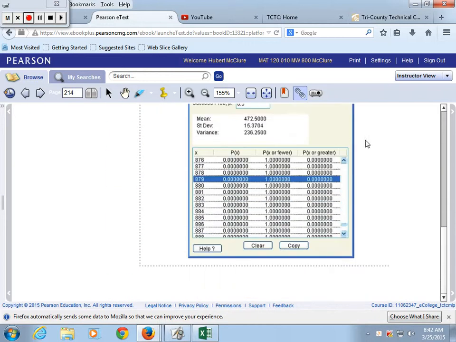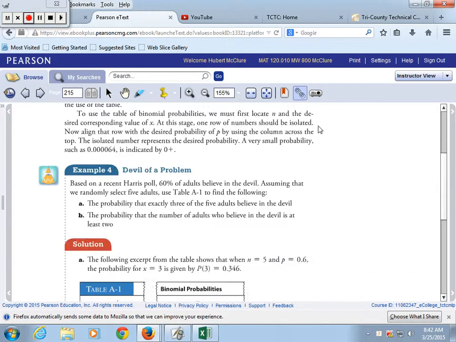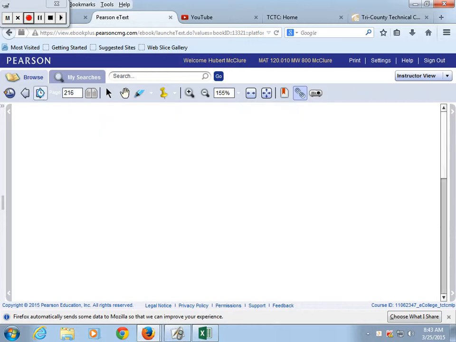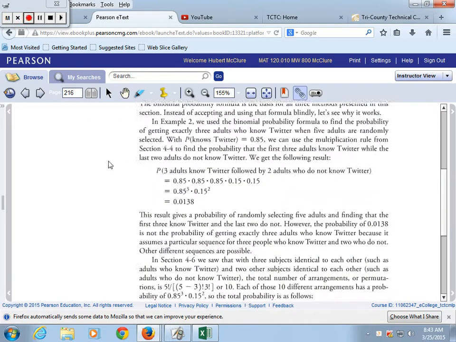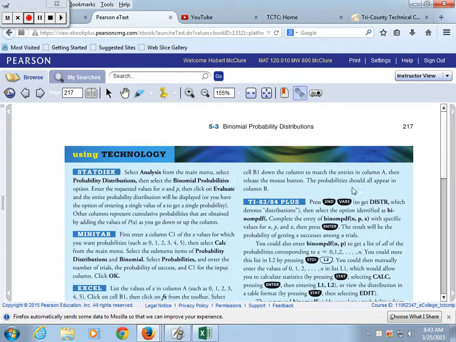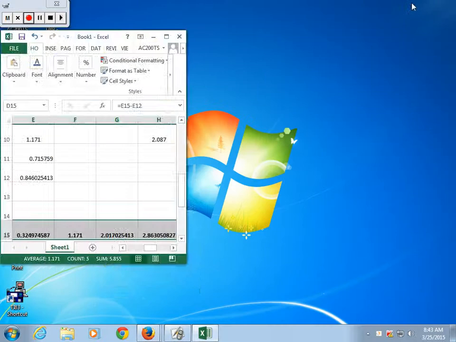Or the next page. The second vars binomial PDF. But I'll show you how to get there. I guess they don't show you. All this time I thought they had. There it is. Second vars binomial PDF. Okay, there it is on page 217. So you take out your handy dandy calculator.